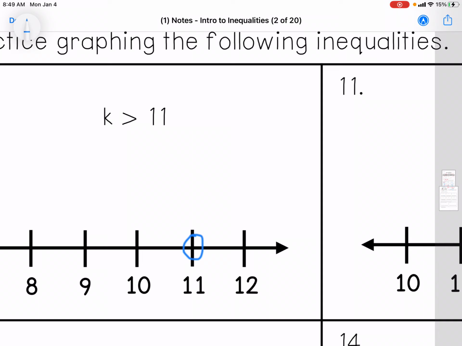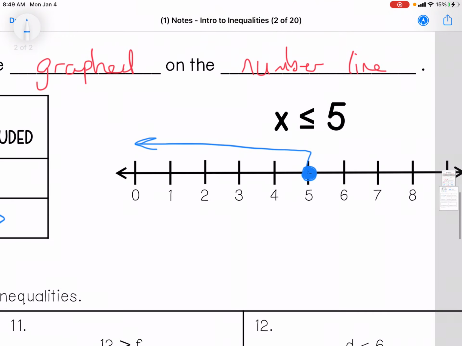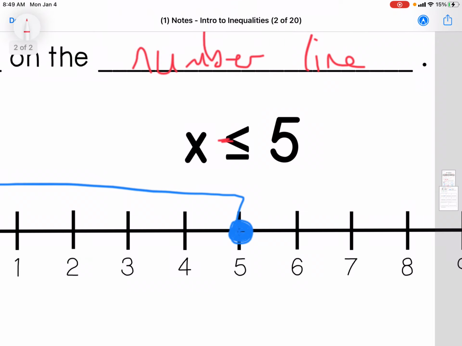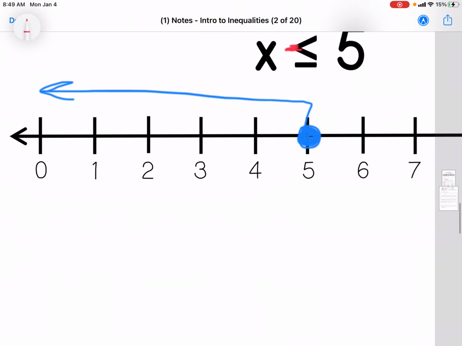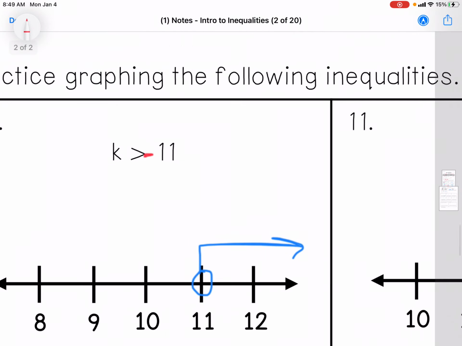So which way should the line point? To the right. Okay, I'm going to show you a trick. Which way is my line going to go? It is always going to go the way that the symbol points right there. Okay, see how that's pointing left and the line went left? See how that's pointing right and the line went right? Okay.